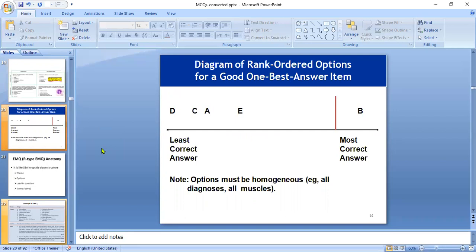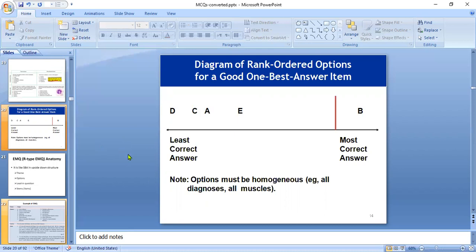Some options have a high percentage of correctness, and some are most accurate as compared to others. So students are asked to identify the answer with the highest percentage of correctness, the most correct answer.